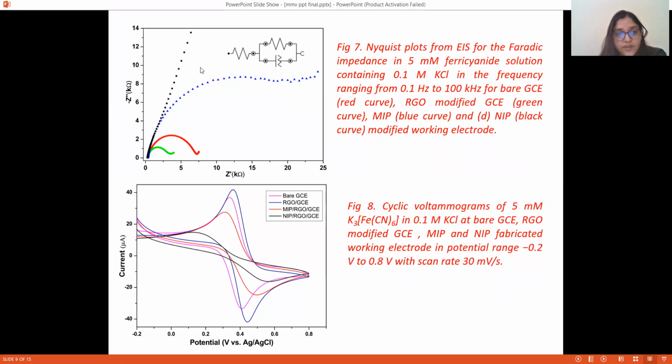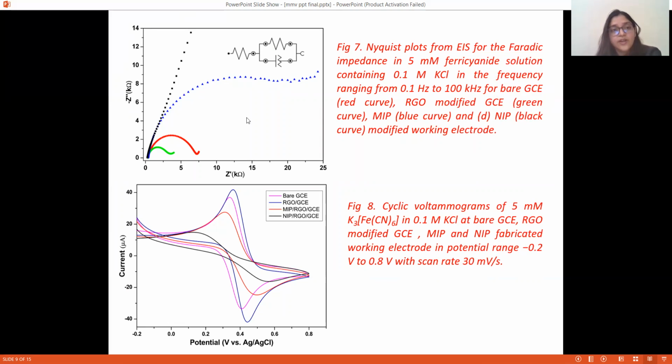This is for the RGO modified electrode, which has a higher surface area and therefore lower resistance, and this is the bare GC, this blue curve indicates the MIP, and this black line indicates the NIP surface.